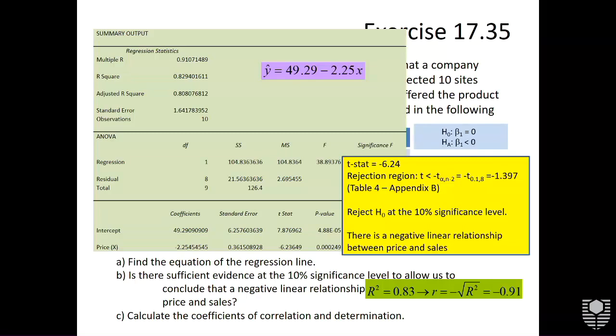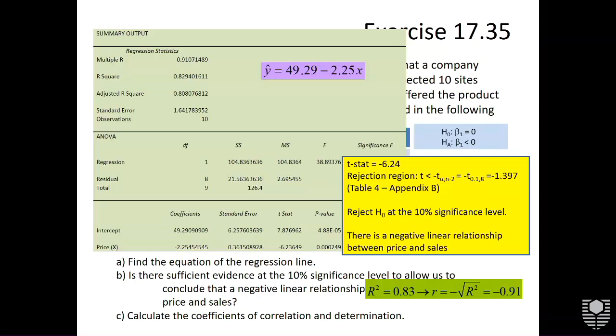In here, the relation is negative, right? So the value of R is negative because the linear relationship is negative. So we take the R square and take the square root of R square to see the negative association. This is one of the points from last week. Because of the negative association here, we want to see the coefficients of correlation and determination. The determination equals 83, which is very strong, right?